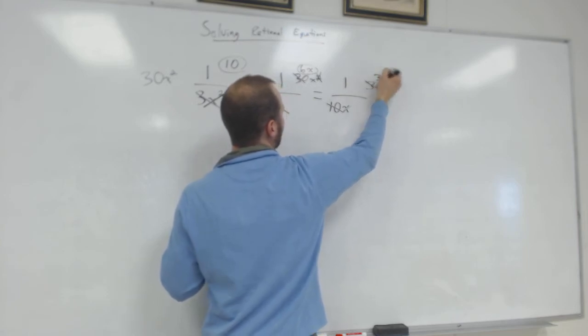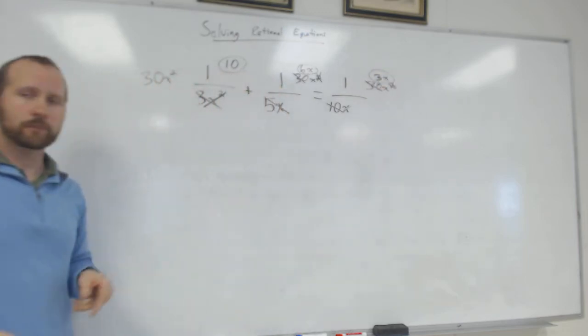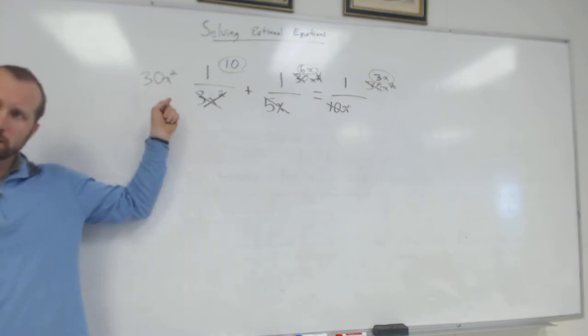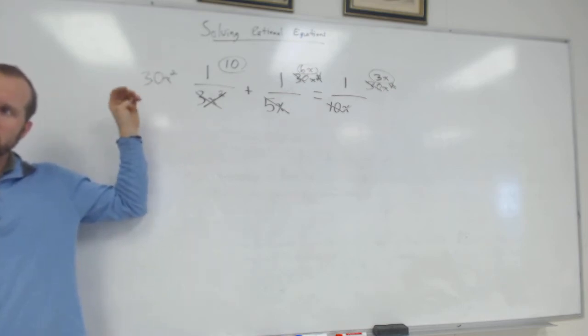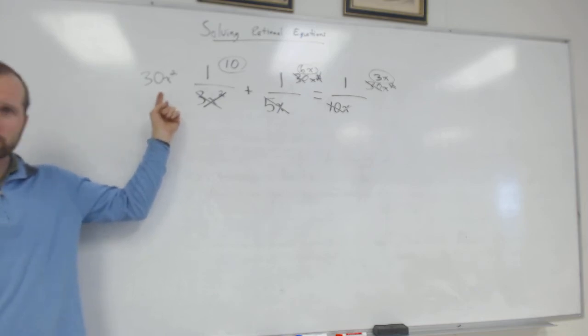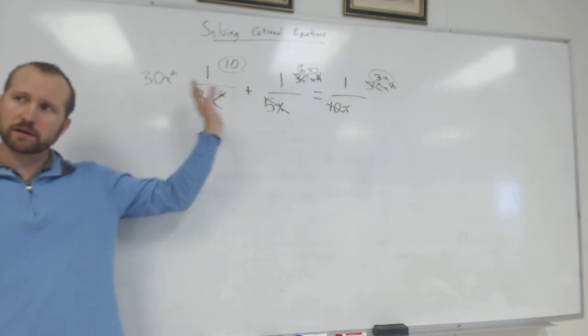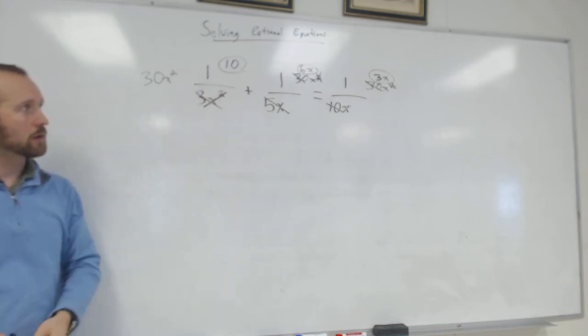So I'd have 3x. So this is often the hardest step, this very first step of figuring out what to multiply by and then making sure you're properly canceling each term.